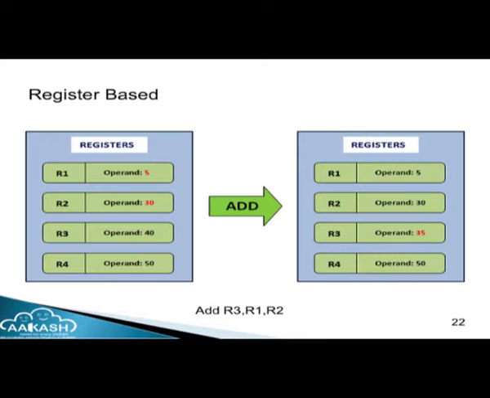This is a diagrammatic representation. So it is adding 5 and 30 and storing it in 35. What happens in register based is you need to give the address of the register directly. You need to give the register name over there. So the length of the instruction definitely increases, but the number of instructions decreases. That's why DVM follows the register based architecture, because it has fewer instructions.